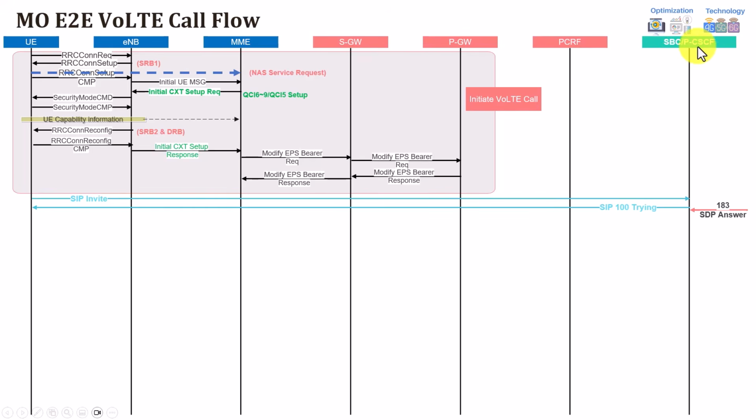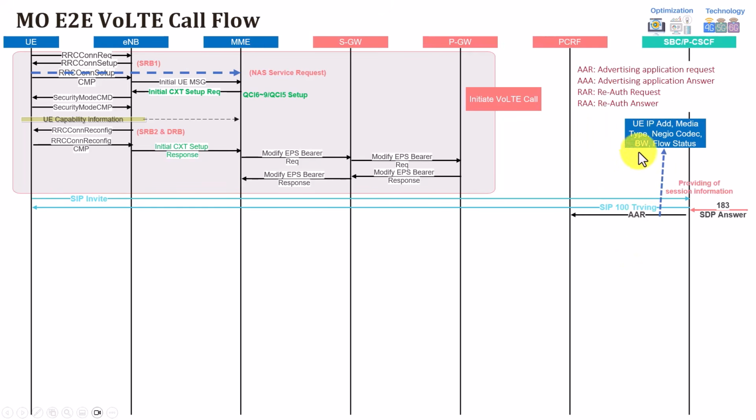Then the proxy CSCF will ask the PCRF to start initiating the dedicated bearer through something called AAR, the Authentication Authorization Request, and this includes a lot of information, for example, what kind of media is being sent by this particular user, so you can start the negotiation, and also the addresses of the UE and so on, the supported bandwidths and the media type, for example voice.